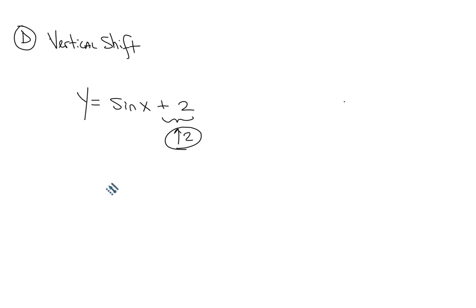And so what we're going to do here is we're going to still notice that our period is our normal 2 pi, and our amplitude is our normal 1, because I'm only changing the vertical shift right now. So here I do want you to draw the parent function, but again, the parent function will involve the period and amplitude of whatever the equation tells you.